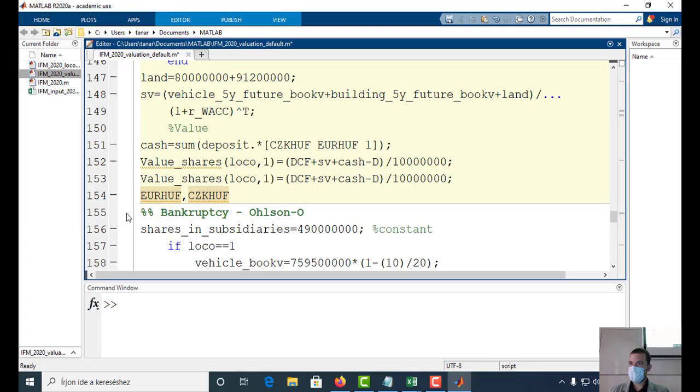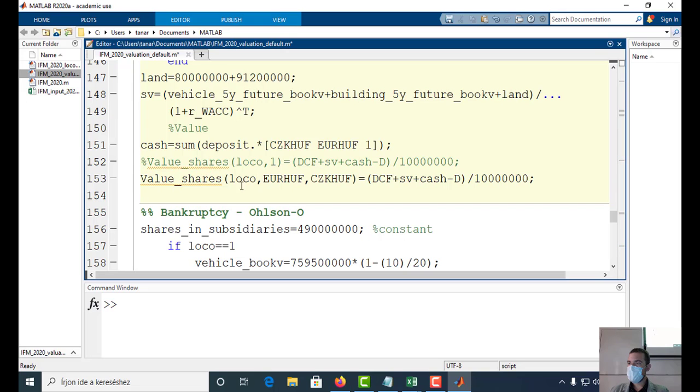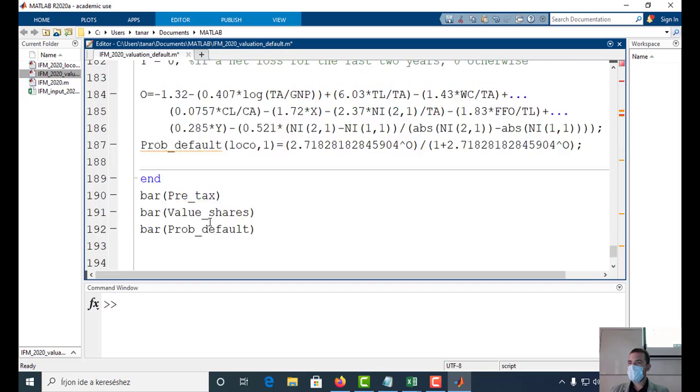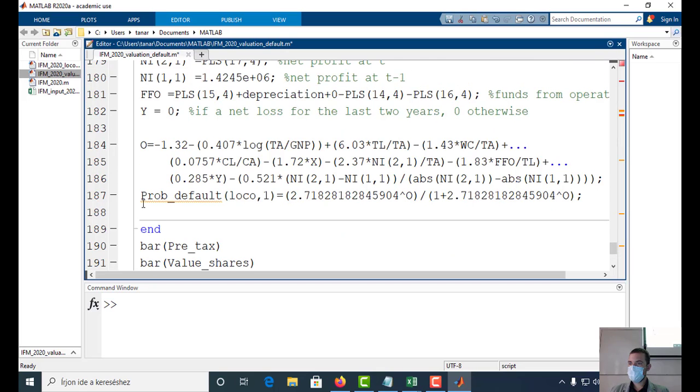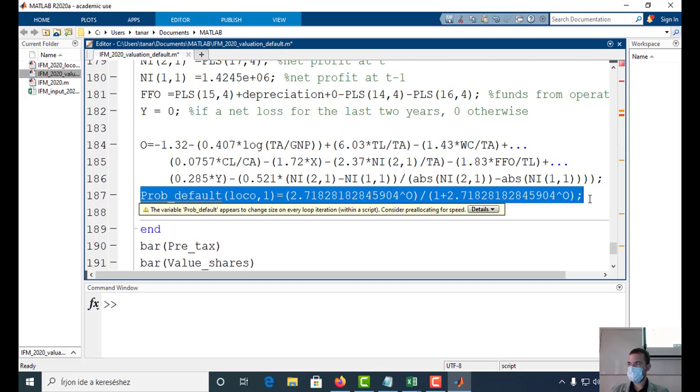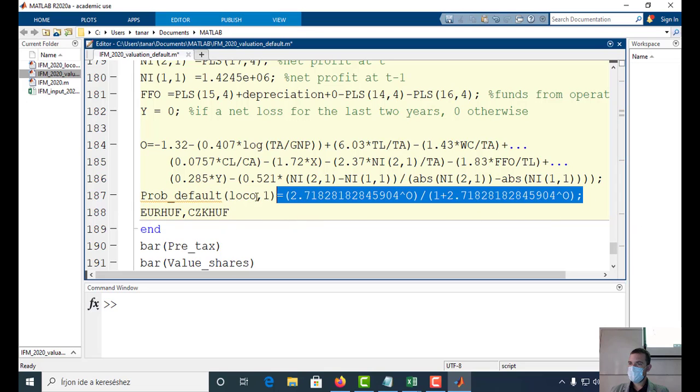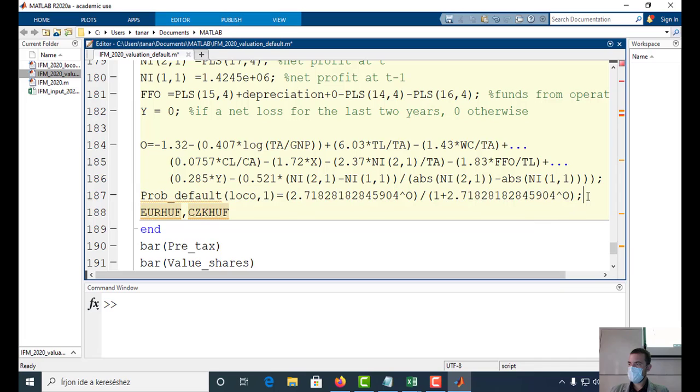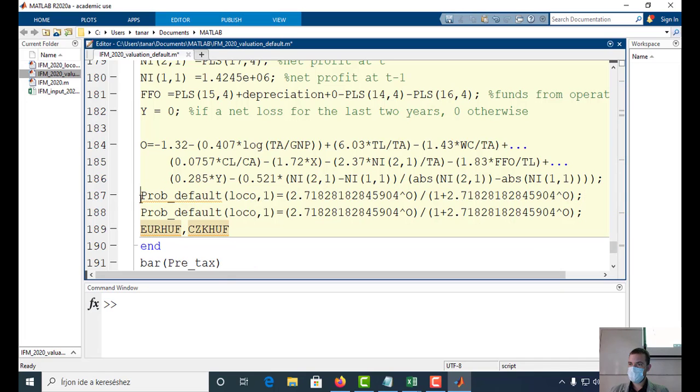Again, we will check the value of the shares with this. And also we have the probability of default. I want to keep the original one, so that's why I don't want to overwrite everything.